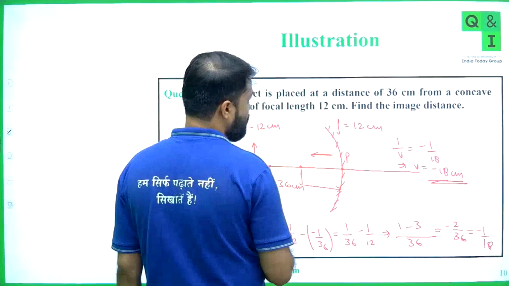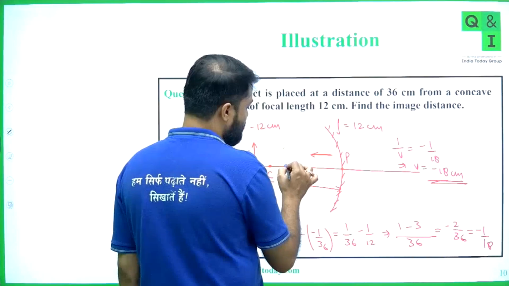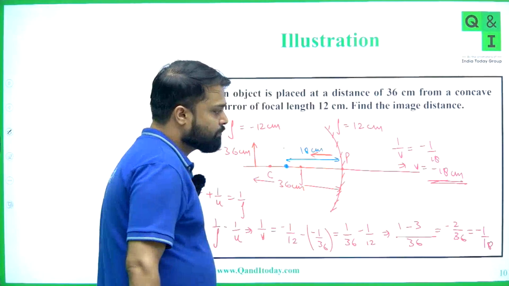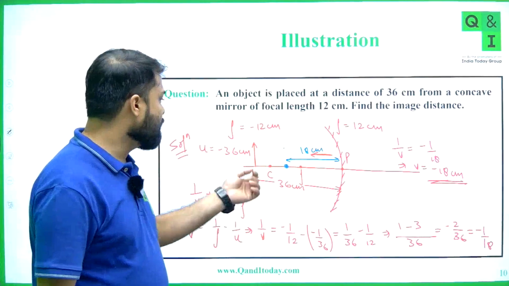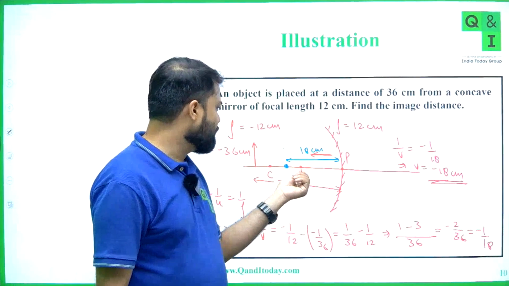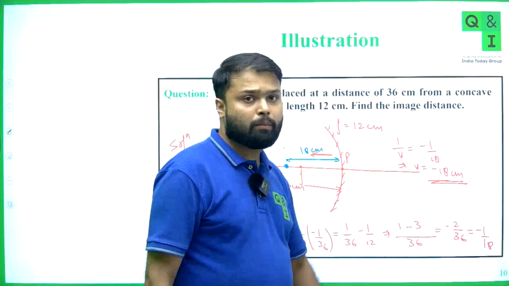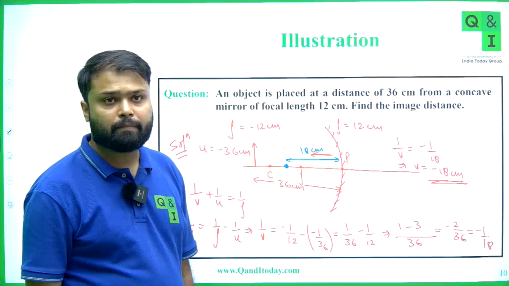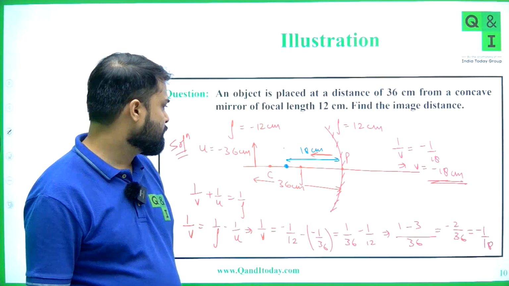Okay. So the image will form somewhere here, which is 18 centimeter. Yes or no? Yes, sir. For a concave mirror, can you tell me where we should place the object such that the image distance comes out to be positive? Between pole and focus of the mirror.